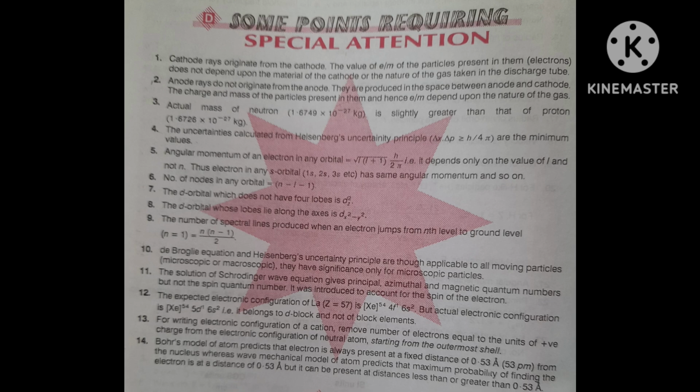In Bohr's model it is fixed at 0.53, while here the electron is not fixed, maybe less and maybe a little more.